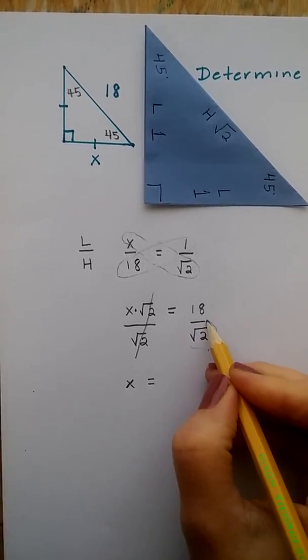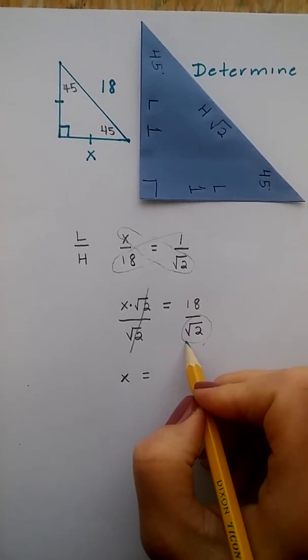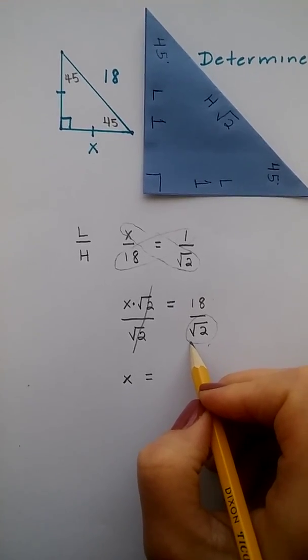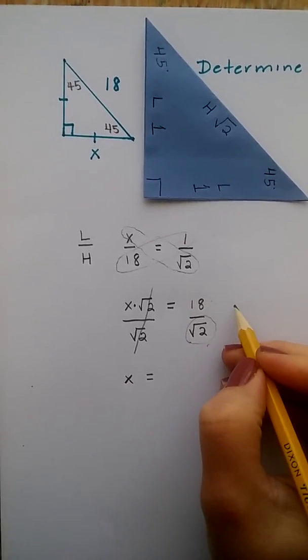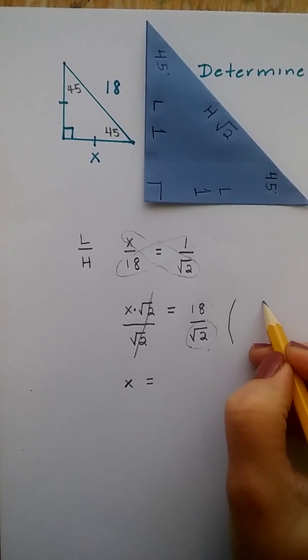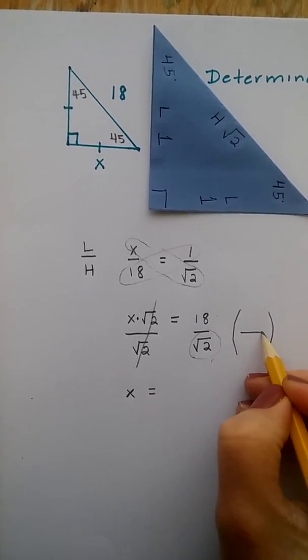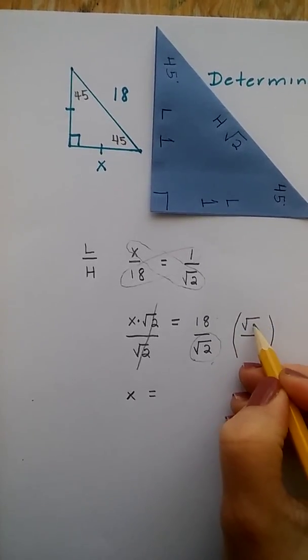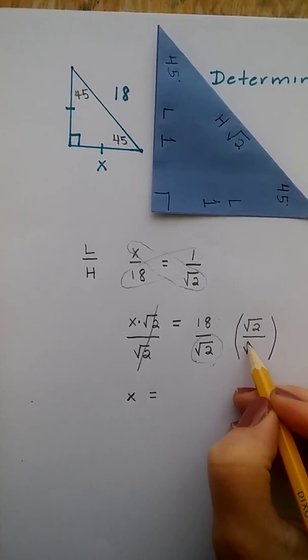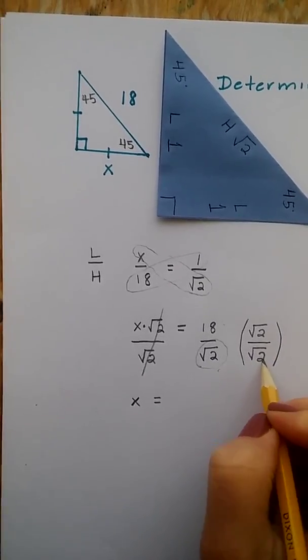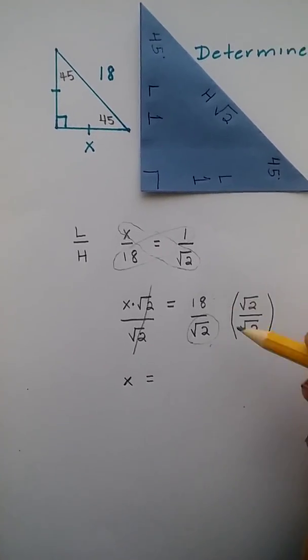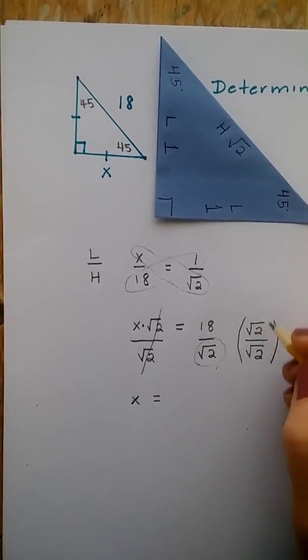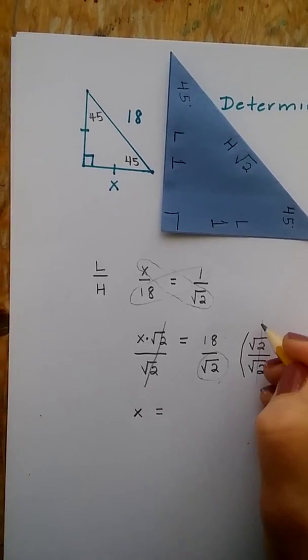We need to use this square root on the bottom for when we rationalize. We are going to create a fraction over here. Root 2 will be on the top and root 2 will be on the bottom. This big fraction actually represents the number 1.